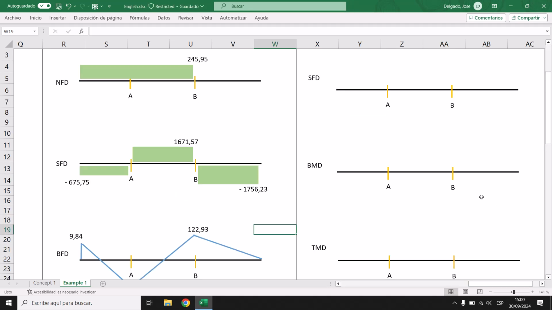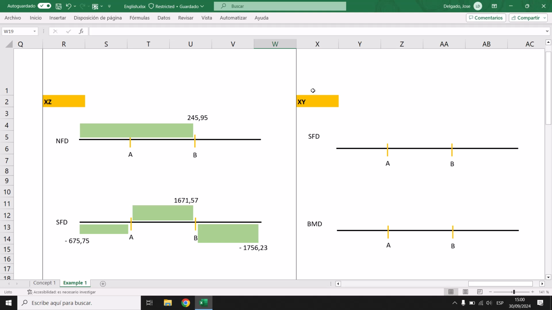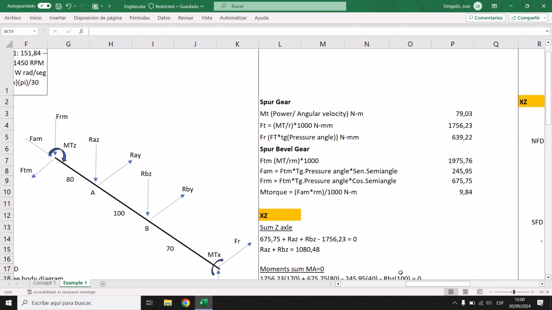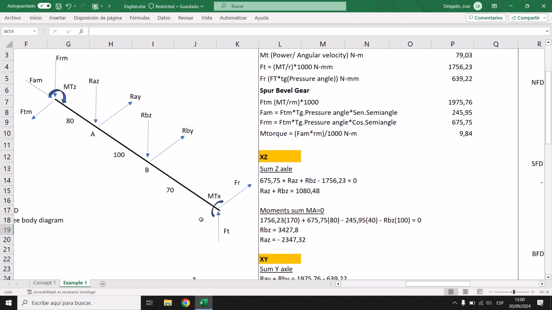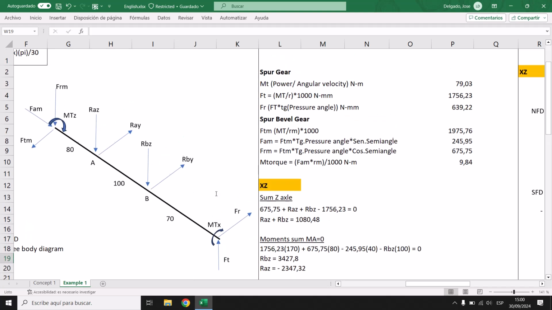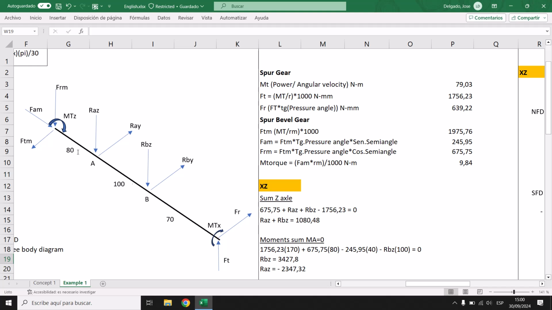So now it's time to do the same, but in the different axes, X and Y. Let's start with this, our first mistake that I made here. For our torque moment of the spur, it's for the entire shaft.